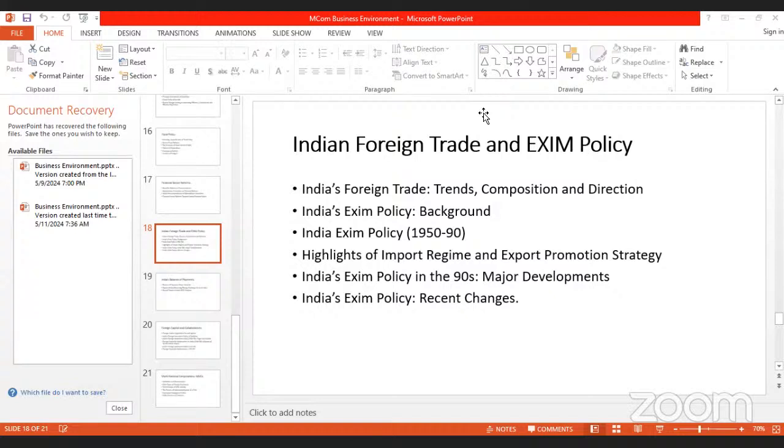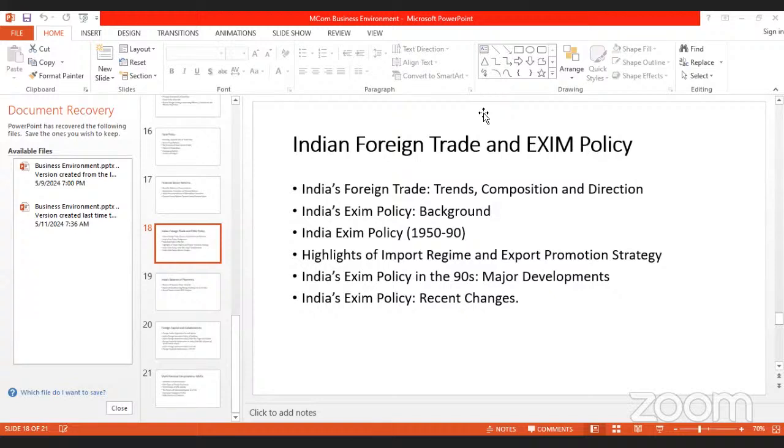The first was import substitution. It focused on reducing dependency on imports by promoting domestic industries. Next one was licensing and quotas. Strict control over imports through a licensing system and import quotas was there.